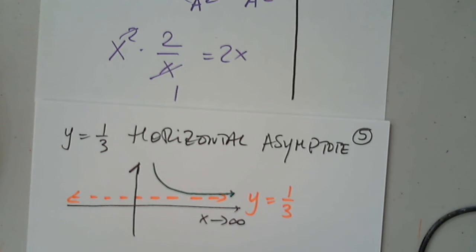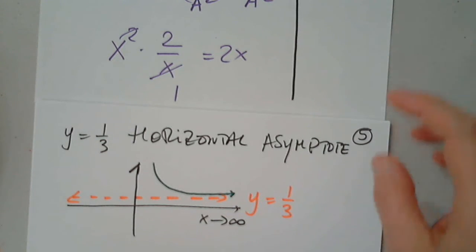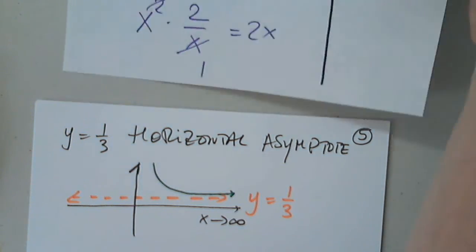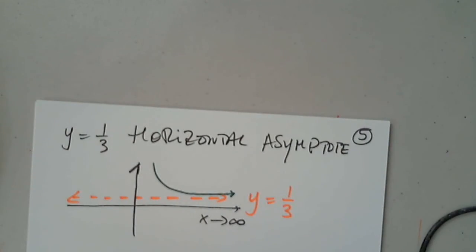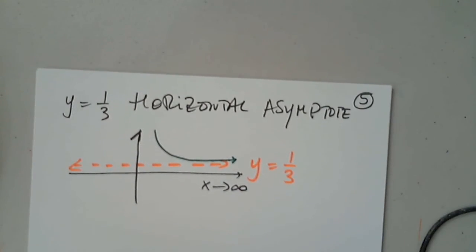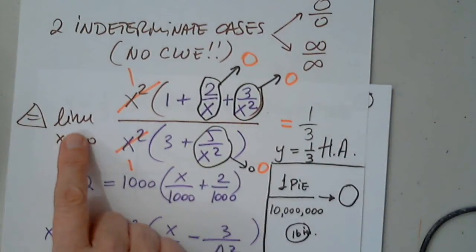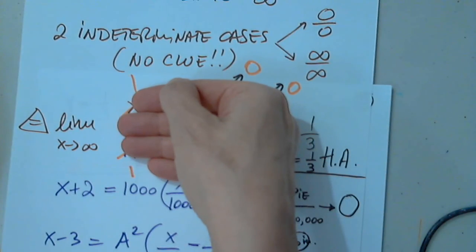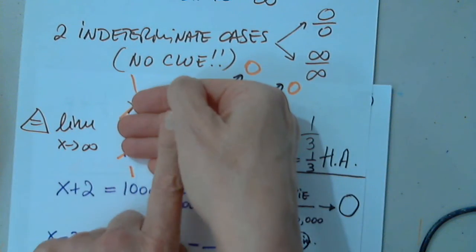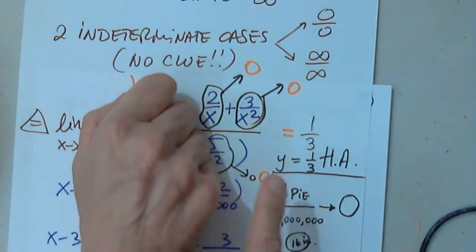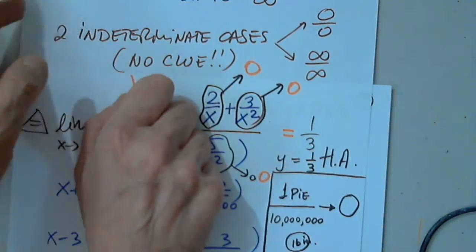Very good. Any questions on this? Why we choose a horizontal asymptote? When we are talking about the tendency, the limit of the function as x approaches infinity is 1/3.